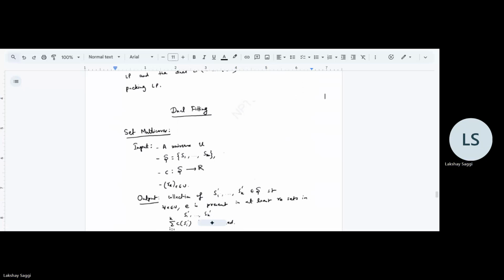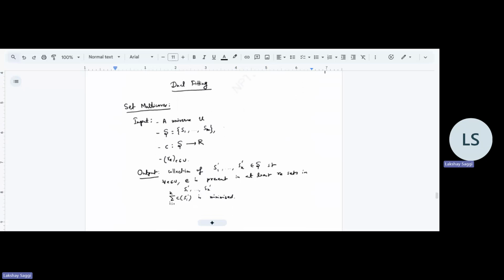And then, as the last topic of the lecture videos, there was a discussion about using this dual fitting technique for the set multi-cover problem. In the set cover problem, every element just needed to be covered at least once. But what if every element needs to be covered more than once? This is called the set multi-cover problem.